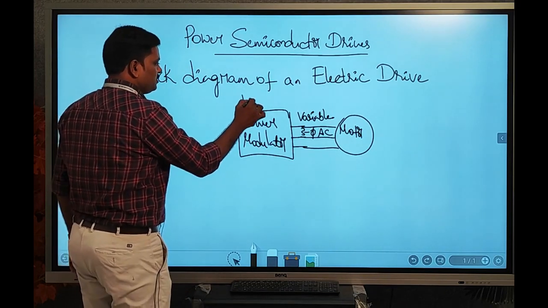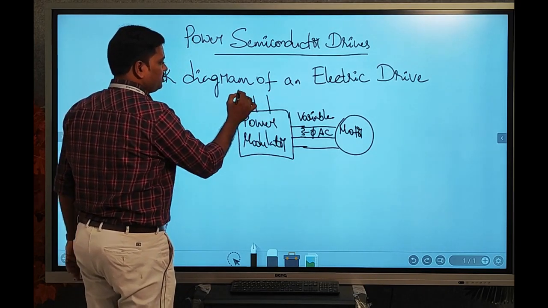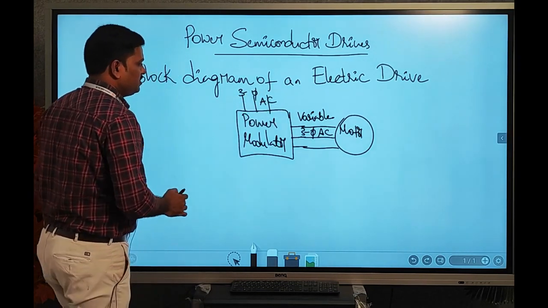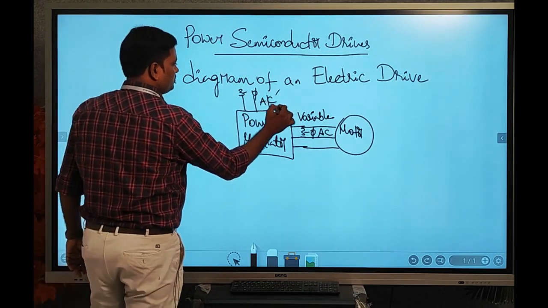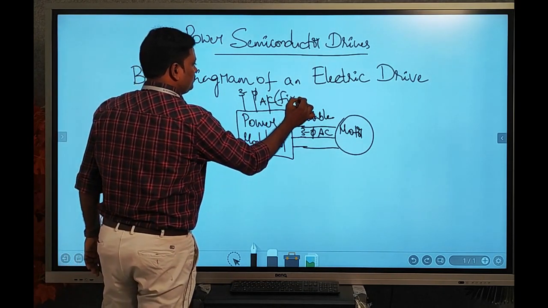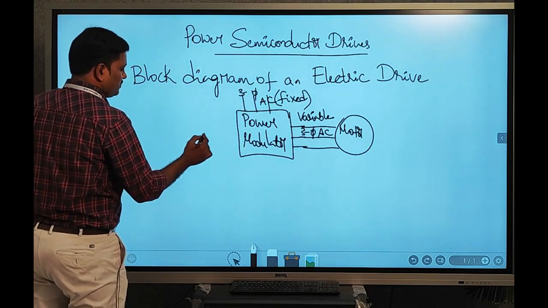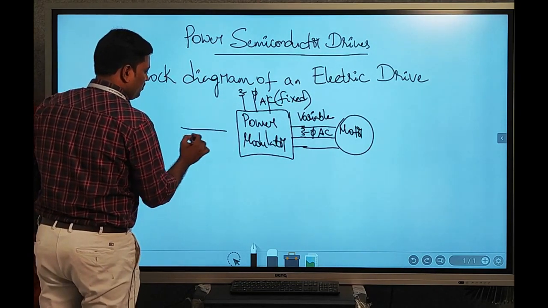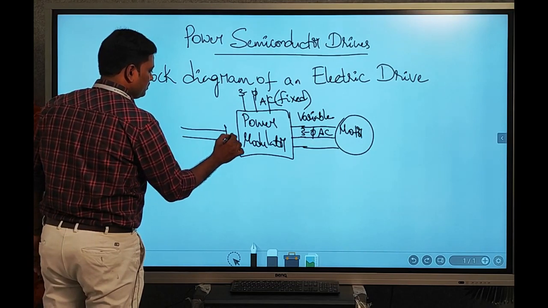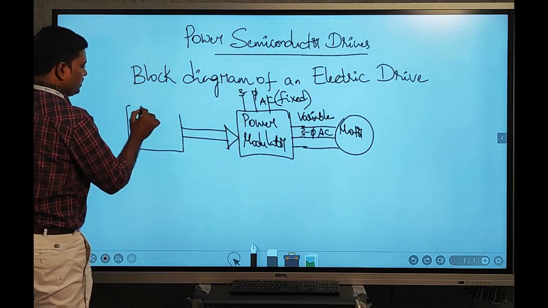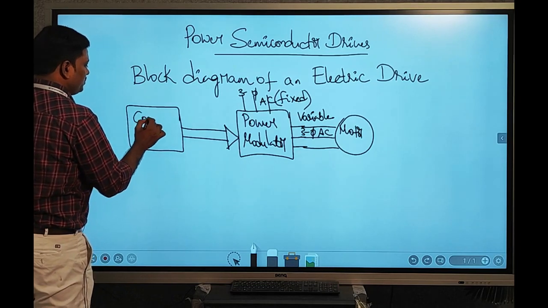So this is the input to the power modulator, three-phase AC, fixed AC, and this power modulator will be given the input by the control circuit.